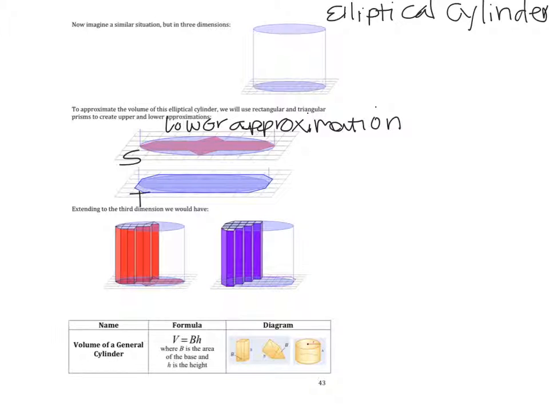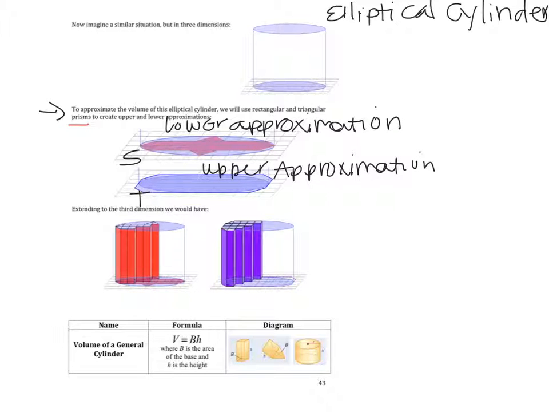And let's label this as T, and we can see that this is an upper approximation. To approximate the volume of this elliptical cylinder, we will use rectangular and triangular prisms to create upper and lower approximations.